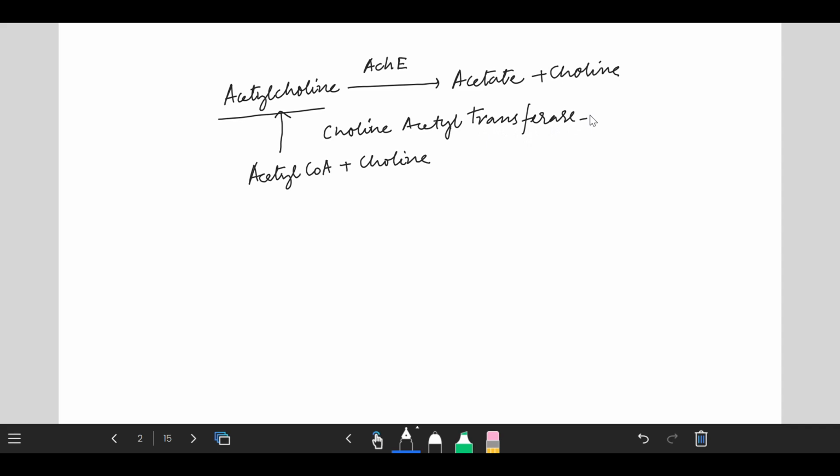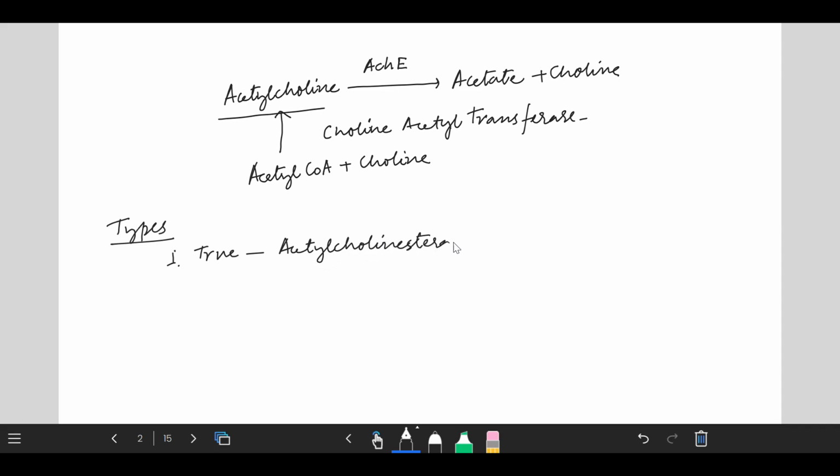Now, what are the types of acetylcholinesterase enzyme? There are actually two types. First one is true cholinesterase, that is acetylcholinesterase, and second one is pseudocholinesterase, that is butyrylcholinesterase.